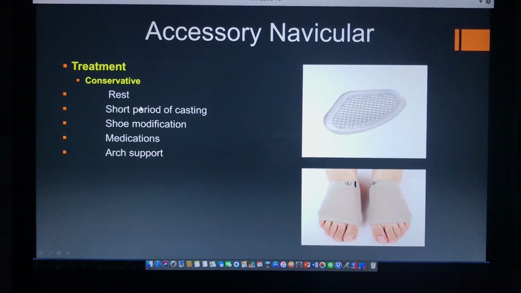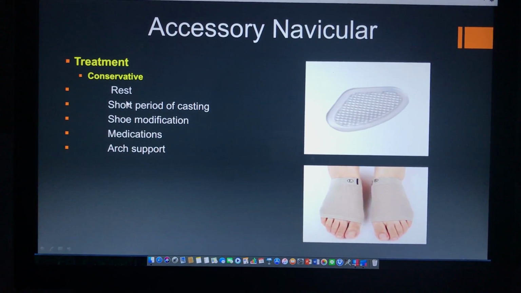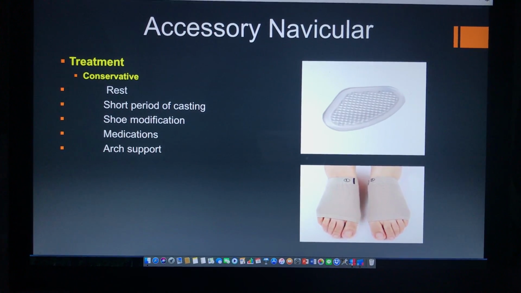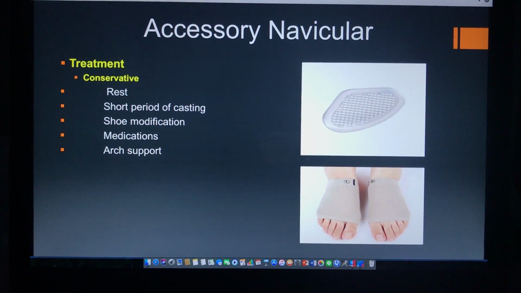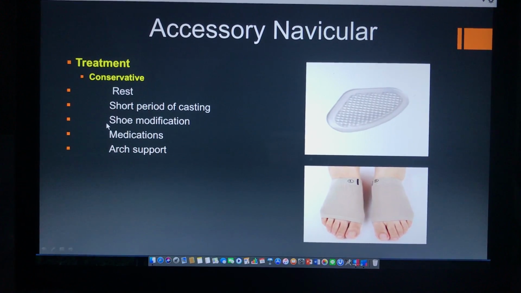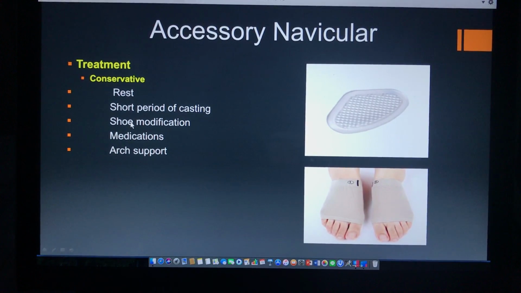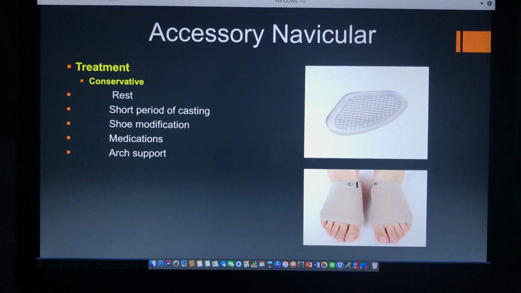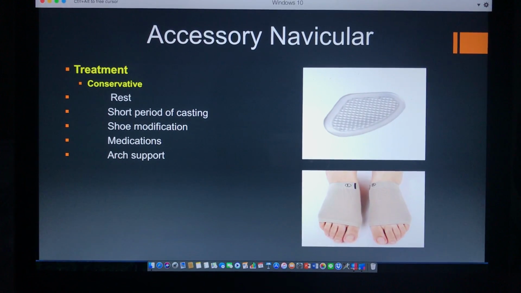No running, no jumping, no contact activity. Sometimes you may need to put the patient in a short leg cast for a couple of weeks to help decrease inflammation. You may need to modify the shoe so it does not rub on the bone. And then medication, especially anti-inflammatory medication, will be helpful.